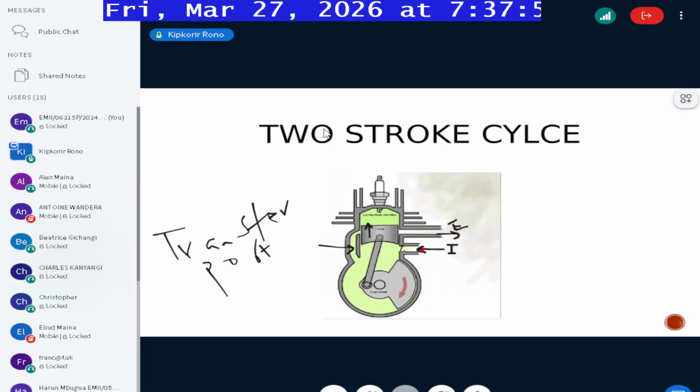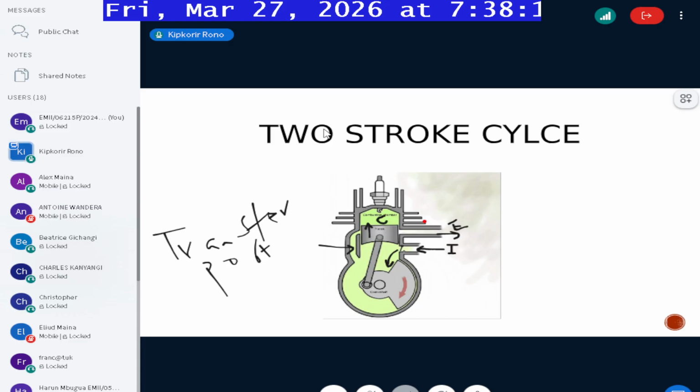So you can see here that air and fuel will come in and occupy the lower part. As air and fuel is coming in, you can see that the transfer port has also been blocked. The exhaust port has also been blocked, which means that right here at the top, you have the compression process happening.